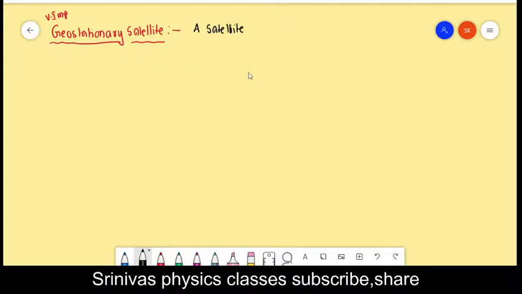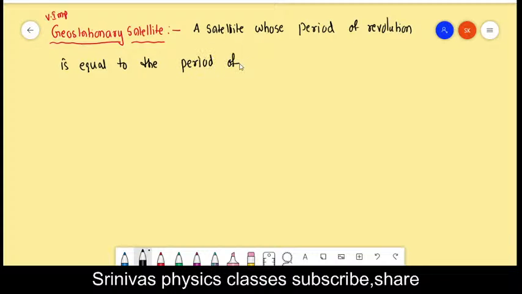A satellite whose period of revolution is equal to the period of rotation of earth is called a geostationary satellite.